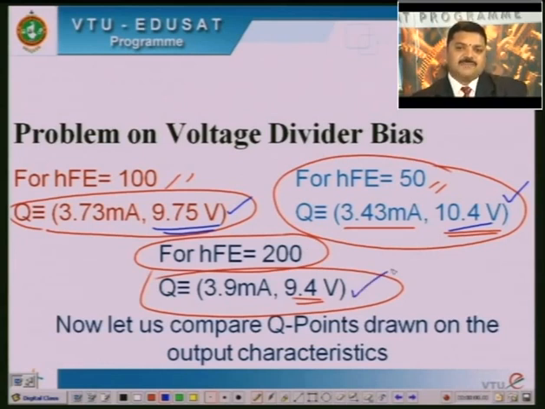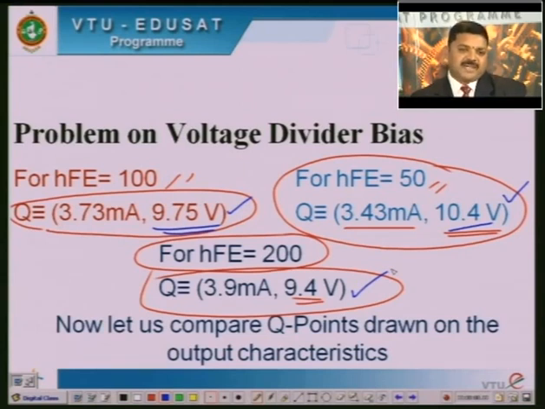If you observe all these variations, a small variation is there in VCE as well as IC. That means the operating point, IC and VCE, varies in very small steps when we vary HFE from minimum value to maximum value.